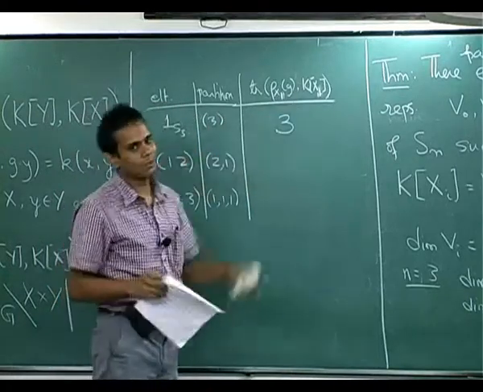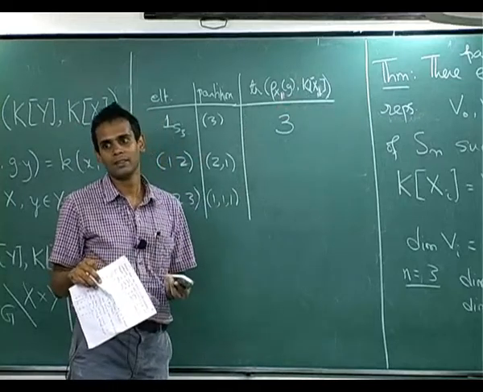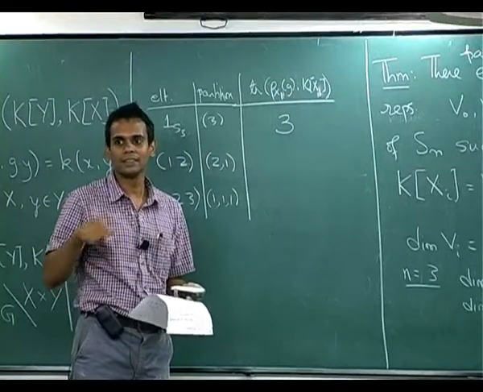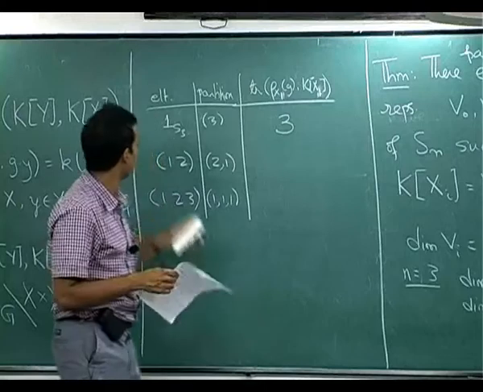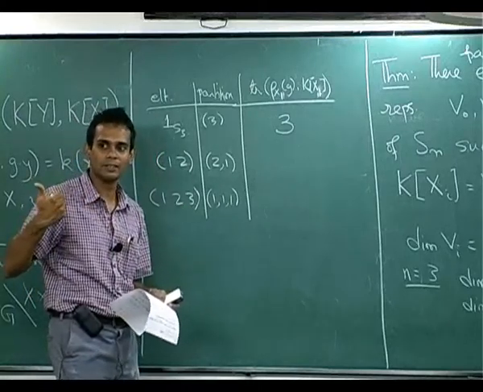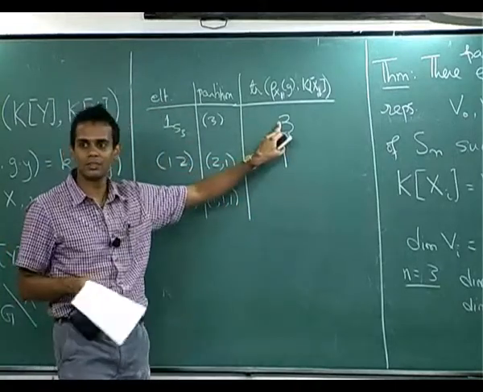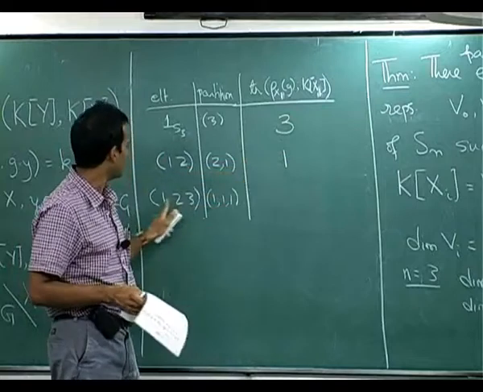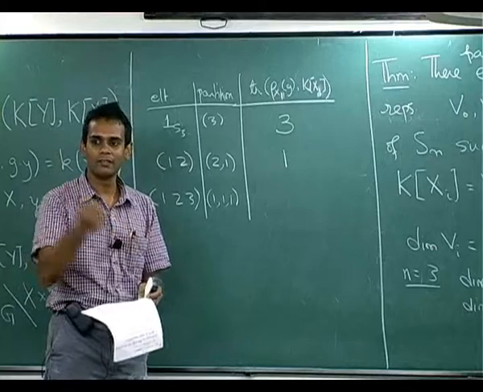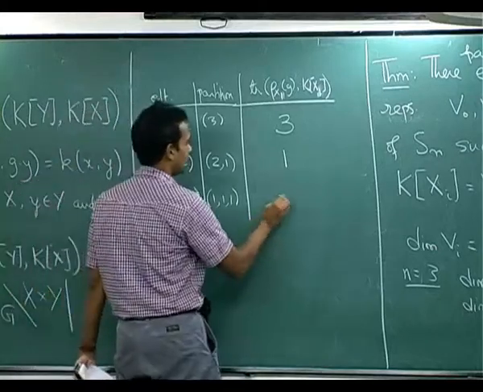Okay, what is KX1? So KX1 is the set of all subsets of cardinality 1. So we can really just think of it as the set 1, 2, 3 itself, and S3 is acting on it. Okay, so how many fixed points does this interchange of 1, 2 have? It only fixes the point 3. So here I should put 1. The identity fixes all the points, that's why I got 3 here. And this guy fixes no points because it just slides each point along in this ring with 3 elements. Okay, so this is 0.